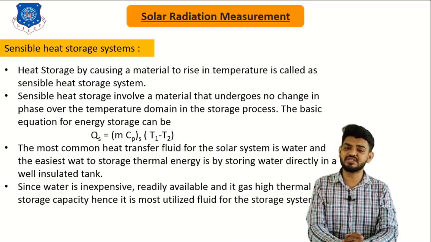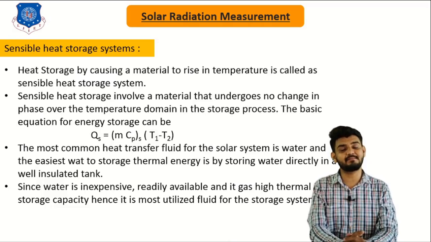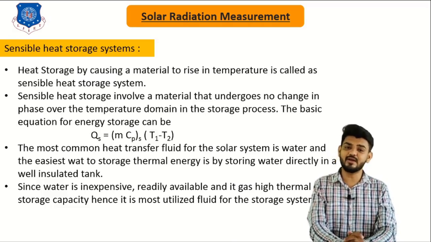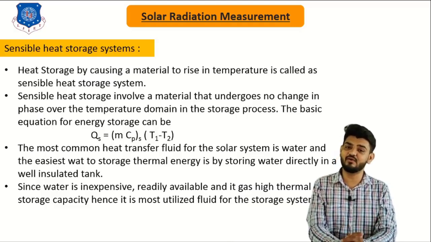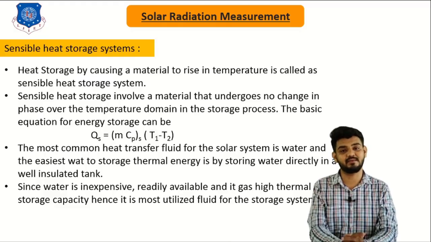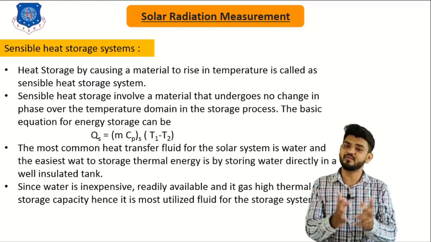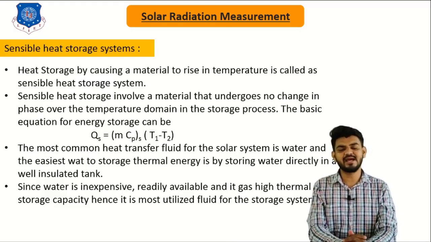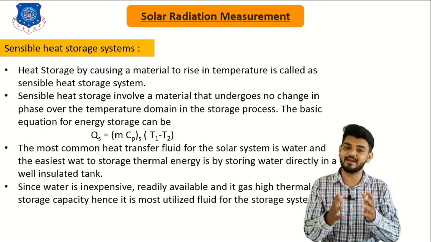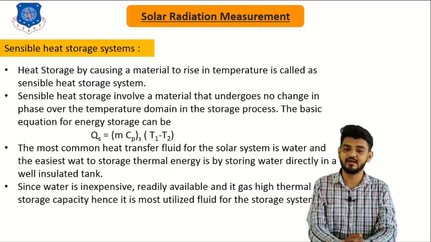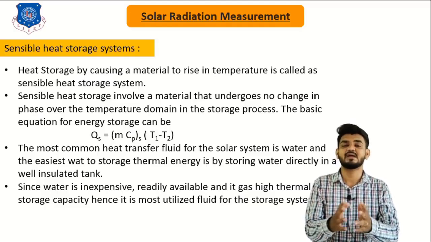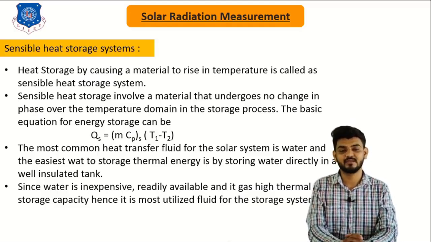The basic equation for this energy storage can be defined as Q = m Cp (T1 - T2). Well, this is the basic equation that we have already understood in thermodynamics for the calculation of heat duty. Here T1 and T2 are the temperature difference, where m is the mass flow rate of the thermic fluid and Cp is the specific heat of this working fluid.